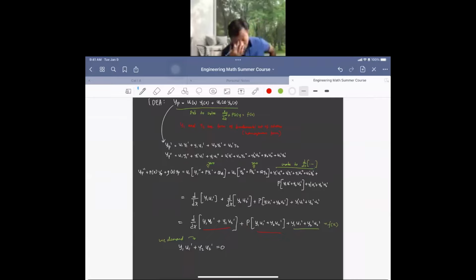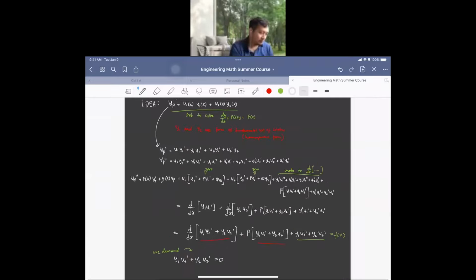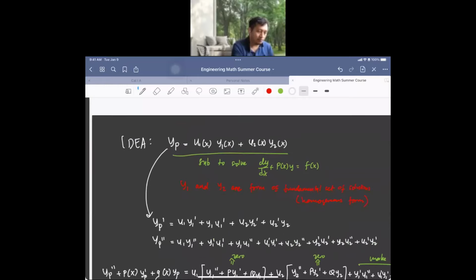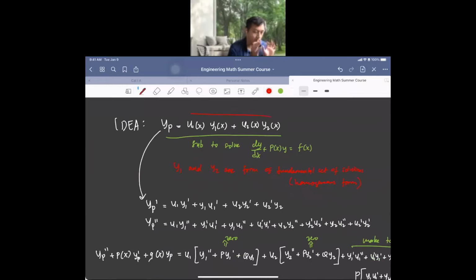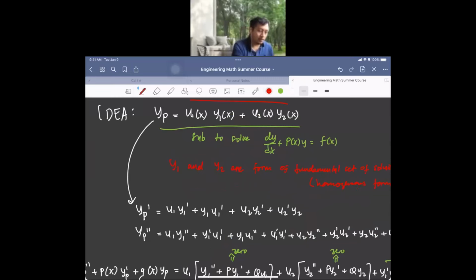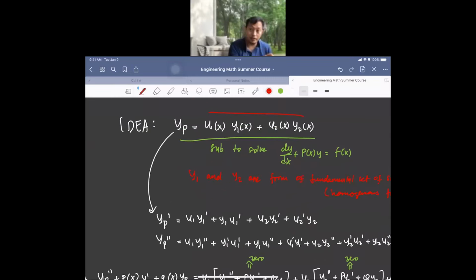Maybe before we go through a little bit, let me just give you the idea. We are going to substitute this particular solution to solve certain differential equations. Let's say we check the first derivative and second derivative and then substitute into the differential equation.